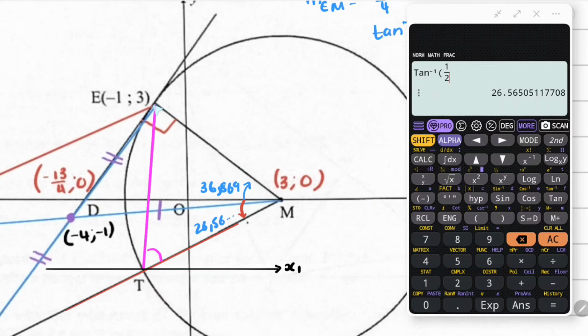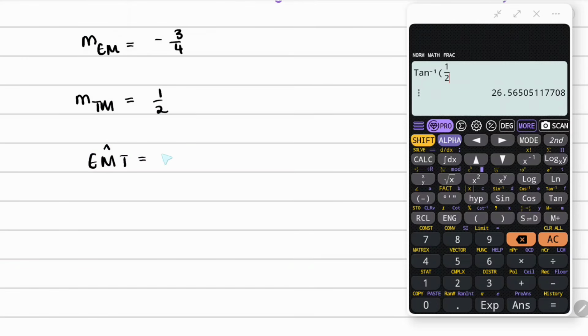So add these two angles together to get EMT, and then say the angles in a triangle add up to 180 degrees. Since these two are exactly the same, we'd be able to find it. Okay, so I'm just writing what the center angle is made up of. It's the angle of inclination of EM plus the angle of inclination of MT. And then this is going to be those two added together. So EM was the 36 point something, but we don't have to say that.